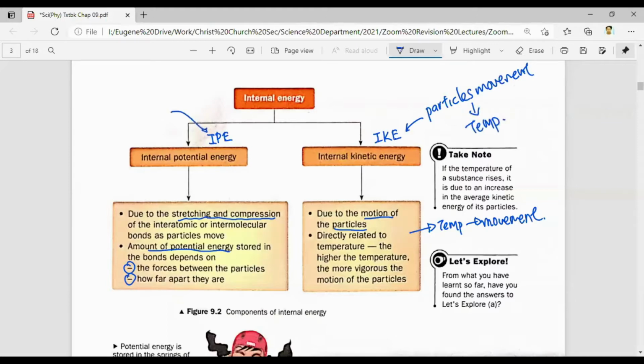IPE is linked to how far apart the particles are, which is due to the force of attraction, or sometimes they'll call it the bonds. So this is how they're related together.